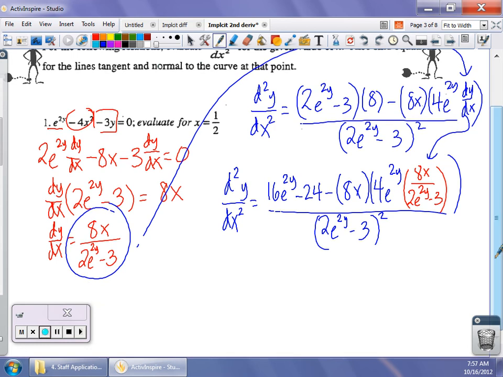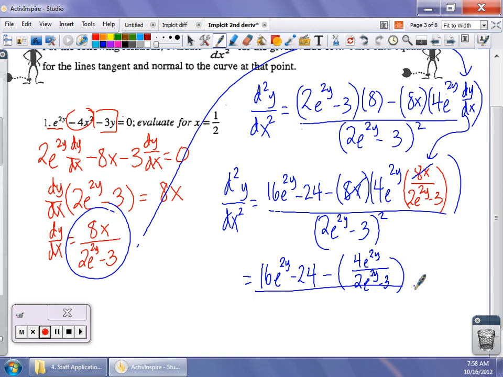Since all of this in the second term is multiplication, this 8x will divide with this 8x. And so I will have 16e^(2y) minus 24 minus, I'm going to keep that in parentheses for now, 4e^(2y) over 2e^(2y) minus 3, over 2e^(2y) minus 3 quantity squared.